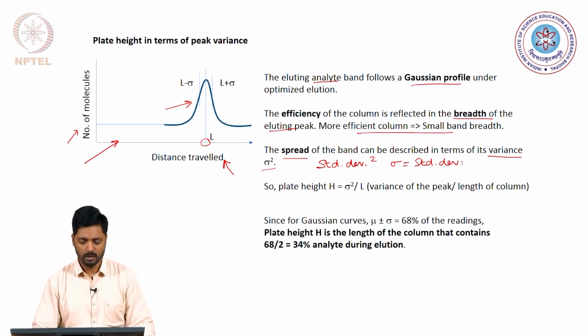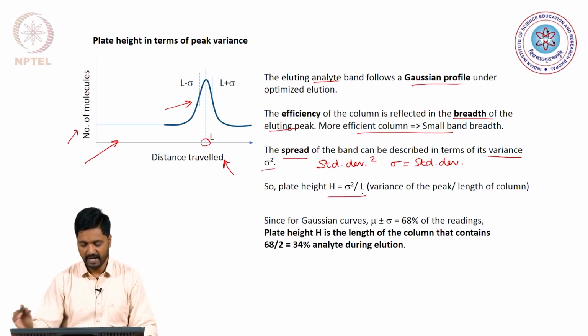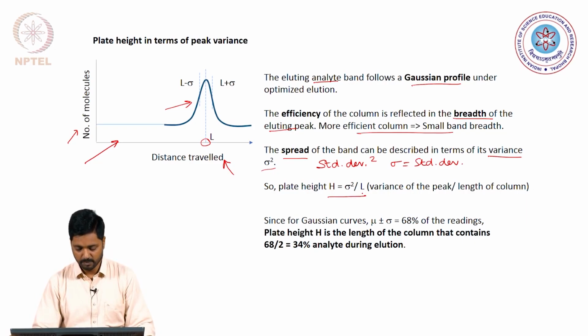So, we can now define the plate height in terms of this variance of the peak, and the plate height is now given as h equal to sigma squared, which is the variance, divided by L, which is the length of the column.